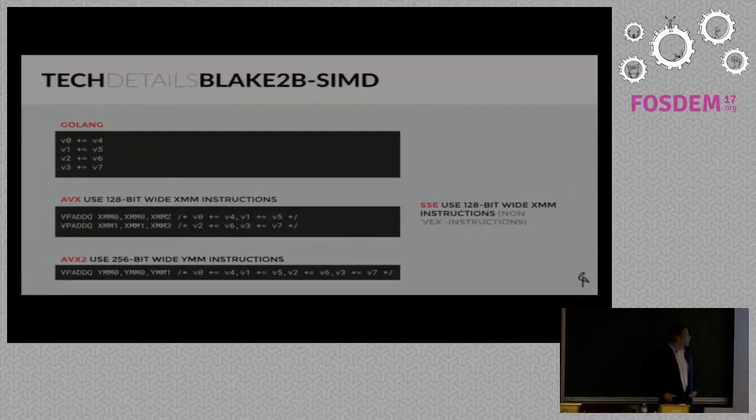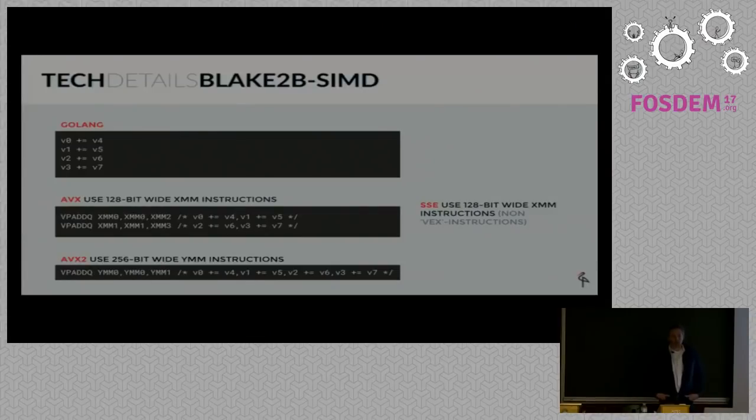If you look a little bit closer at how it works, the top line is a very small portion of all the computations that are happening as part of the BLAKE2b hashing. There are basically 4 additions there, and these are on 64-bit integers. If you look at the AVX capabilities for the Intel platform, you can work with 128-bit wide registers.